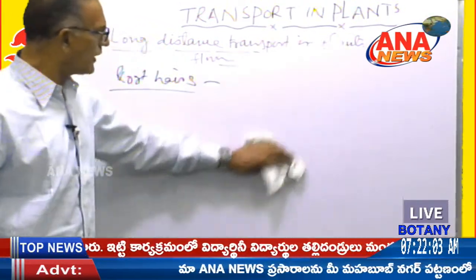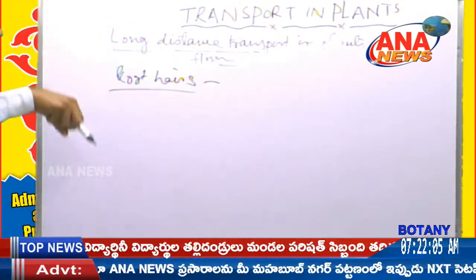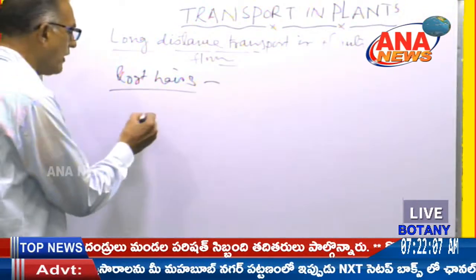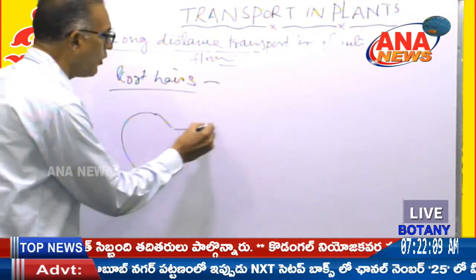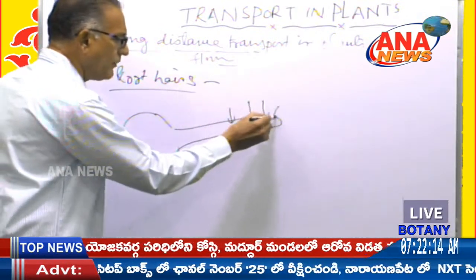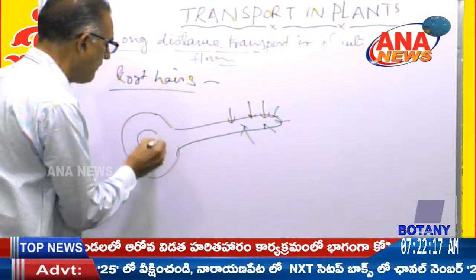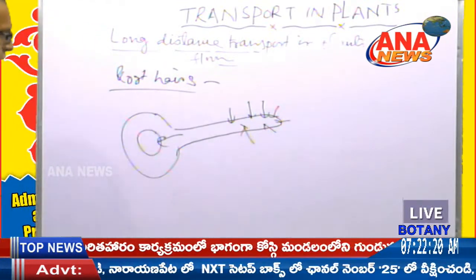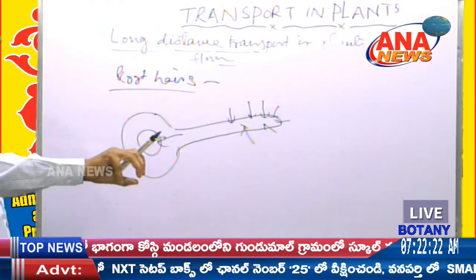The water absorbed by the root hairs enters into the deeper layers of the root. Here the water is absorbed by diffusion.